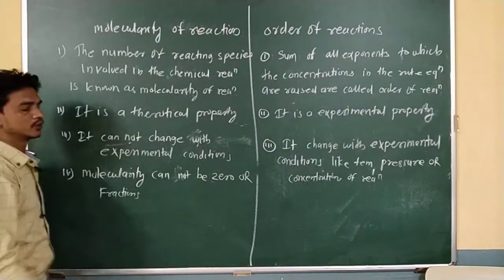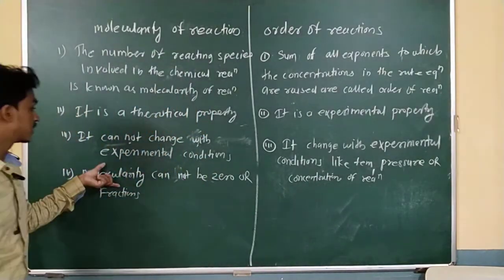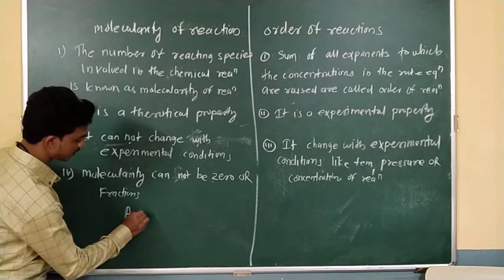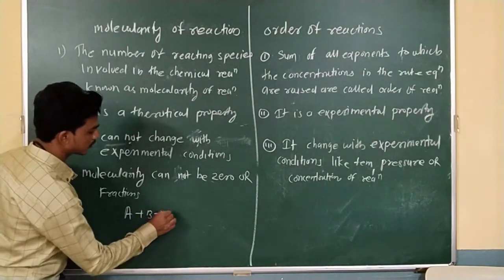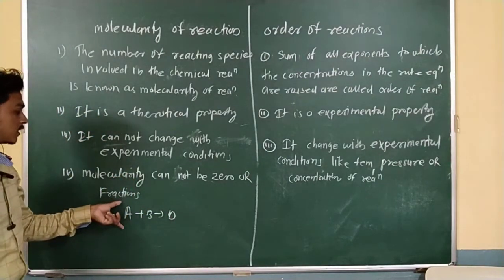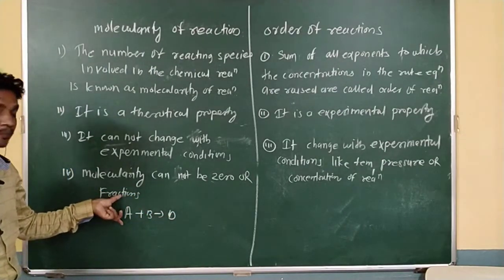Molecularity cannot be zero because molecularity is a theoretical property. Suppose I am writing here the chemical reaction A plus B gives product D. Like that there are many other chemical reactions; you have to observe a number of chemical reactions in your notebook or in your book.